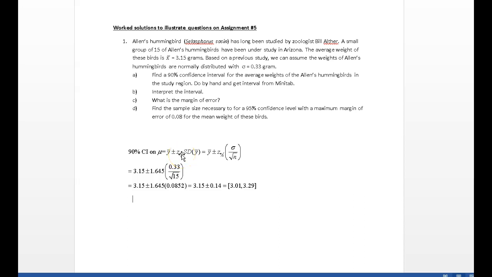The value of z that you use is determined by the level of confidence you need to have, and we need to have 90%. All right, times the standard deviation of the sample mean. And standard deviation of sample mean, central limit theorem has told us, is equal to the standard deviation of our population, and we know that up here, divided by square root of sample size.